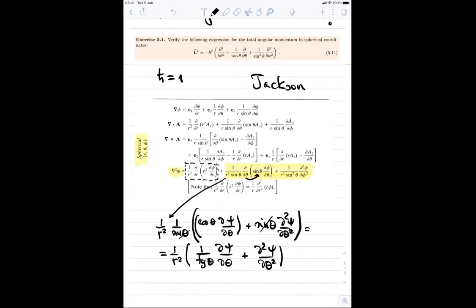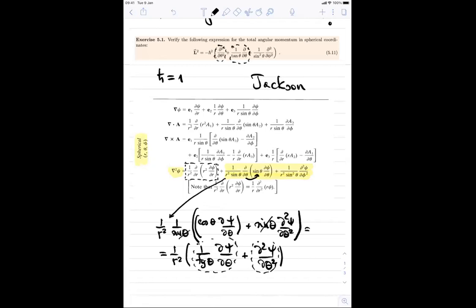Now look at your expression. You see, I have the second derivative, which is this second derivative there in the expression for L squared, 1 over tangent theta times the derivative with respect to theta, which is this.